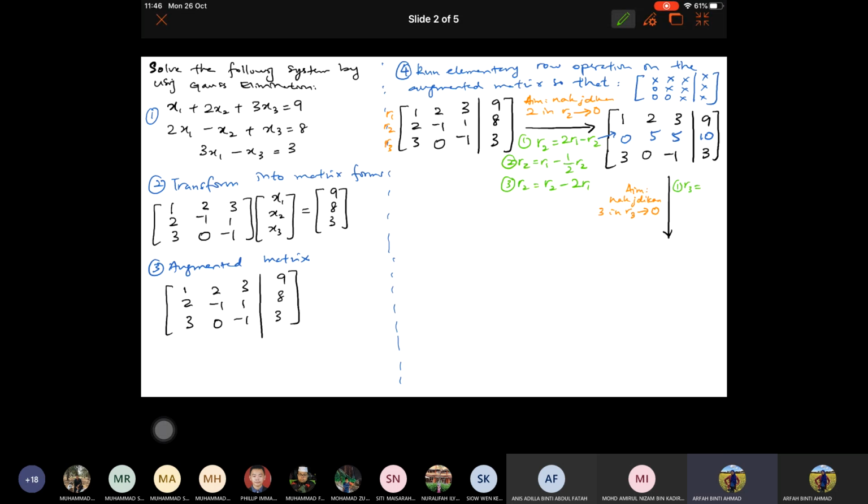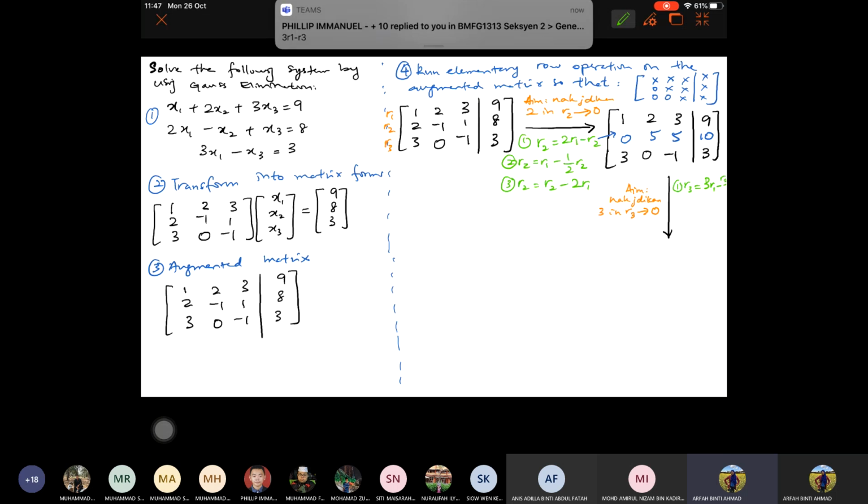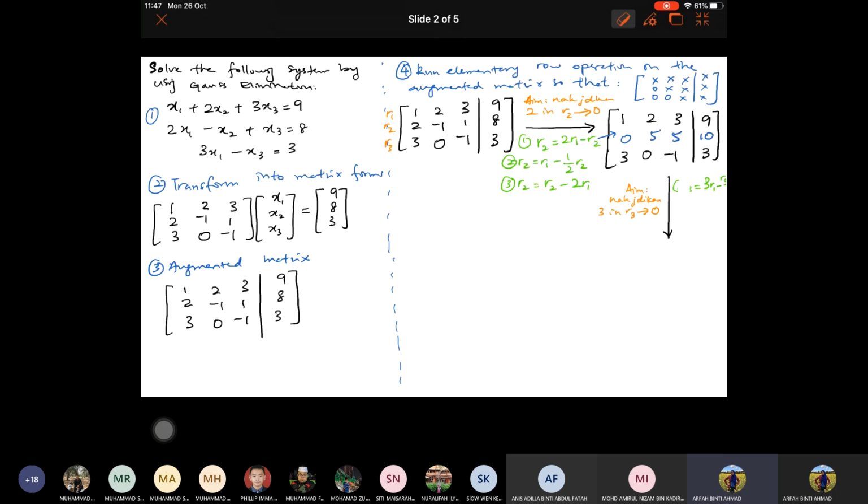So cepat saya tunggu. What is the possible solution for R3 to become 0? Dia punya 3 ni. One possible solution is you may take 3R1 tolak R3. Okay. So 3R1 tolak R3. Betul jawapan. R3 sama dengan 3R1 tolak R3. So this one is possible. Okay.